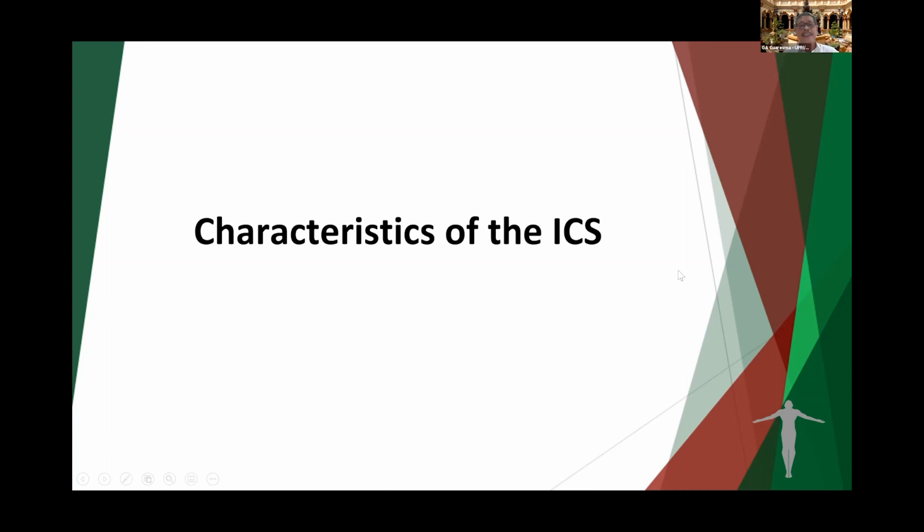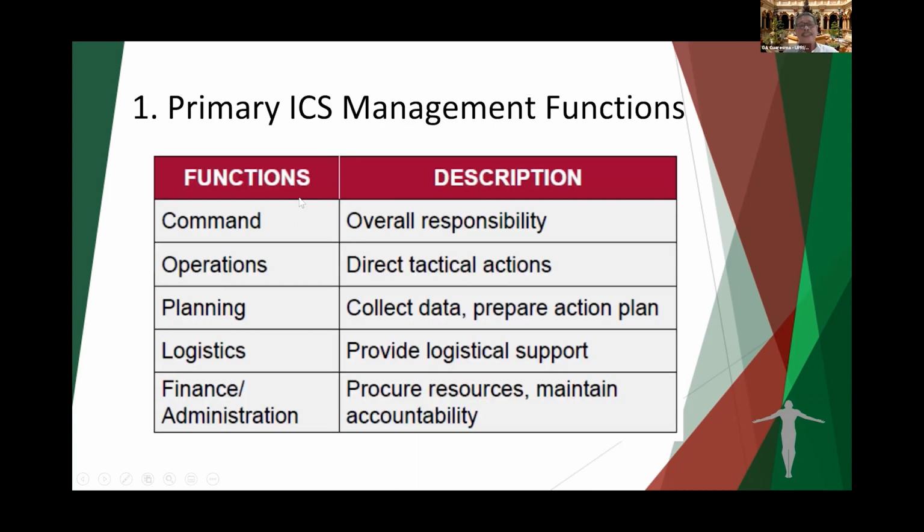Characteristics of the ICS. The ICS has 5 different functions, namely command, operations, planning, logistics, and finance and administration. The command is being done by the incident commander, and he has overall responsibility over the incident.